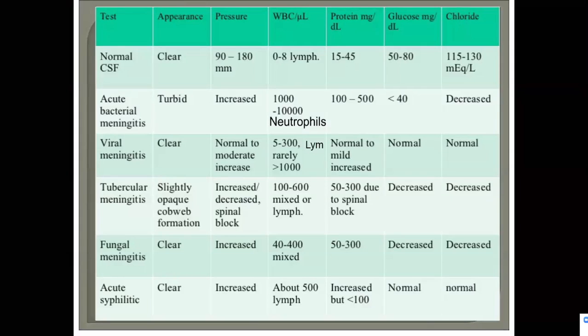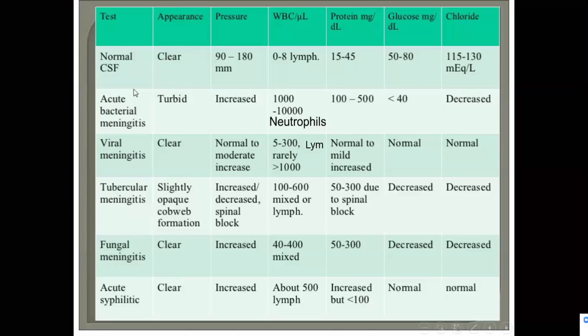Lastly, I will talk about this table, which is a very important table. It's the cornerstone in the diagnosis of meningitis. Every one of you should master this table. This table is not only a table, it's like text.